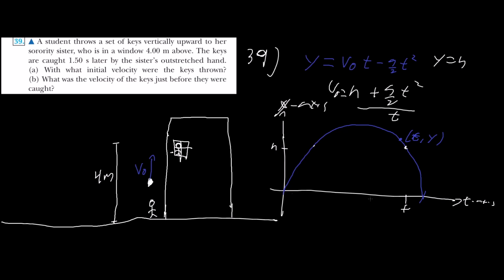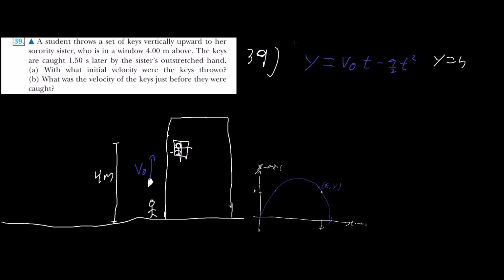So once you've got your setup ready, we're going to let the output be 4 meters, and the initial velocity is what we're solving for, times t, minus 9.8 meters per second squared over 2 times t squared.